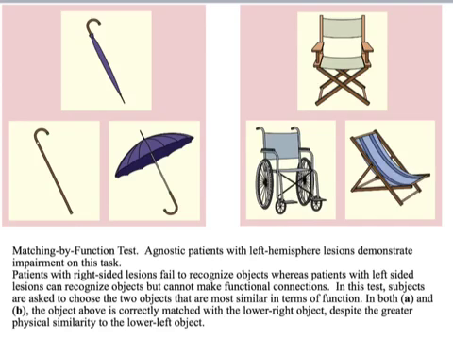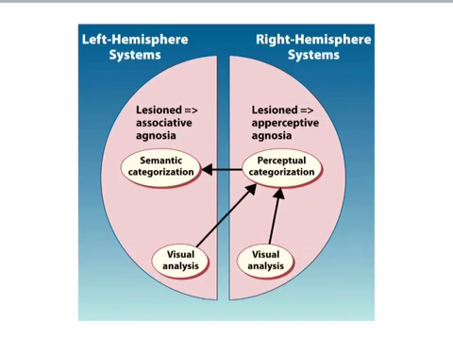They can recognize the objects, but they can't make a functional connection between the two. For example, they would see these two as being more similar than these two. Likewise, that these two would be more similar than these two. So it's an issue of semantics, an issue of understanding the relationships between things, whereas the people with right-sided lesions simply couldn't name these objects.